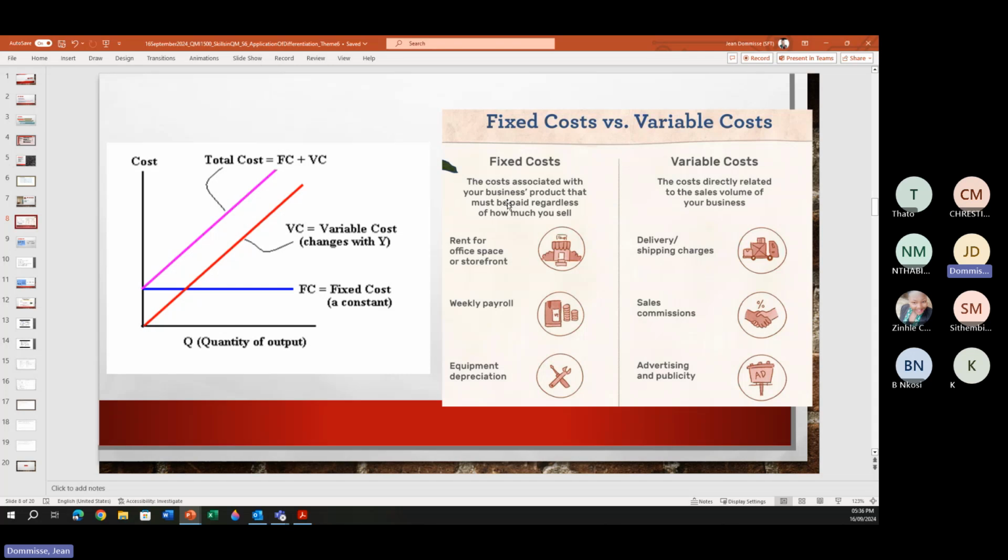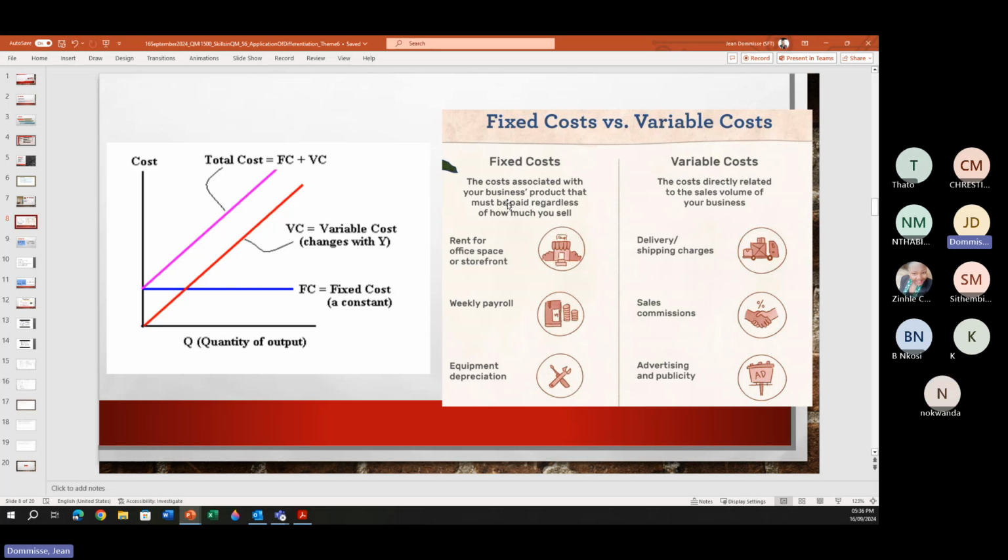So if, in your own capacity, you have a house to rent or pay a mortgage, that is a fixed cost. If you run a business and you are renting office space, that is a fixed cost.